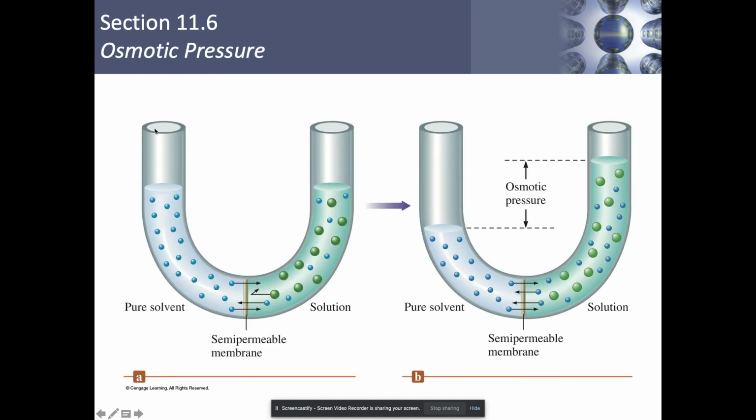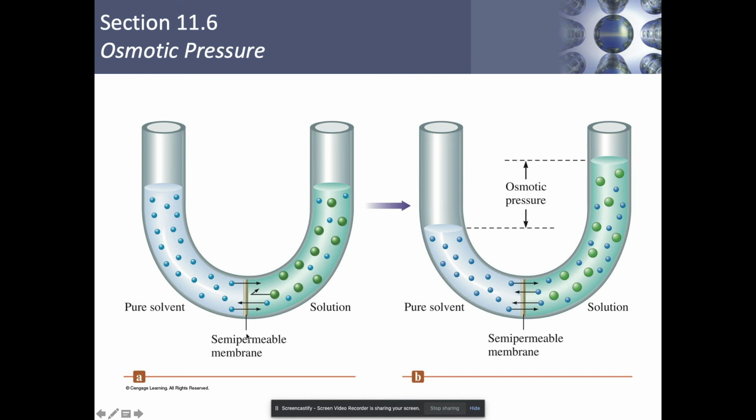So here is our example. We have pure solvent, we have a semi-permeable membrane, and we have our solution. What's going to happen, because there are fewer water molecules on the right side of this semi-permeable membrane, is that water is going to be able to move and go across.